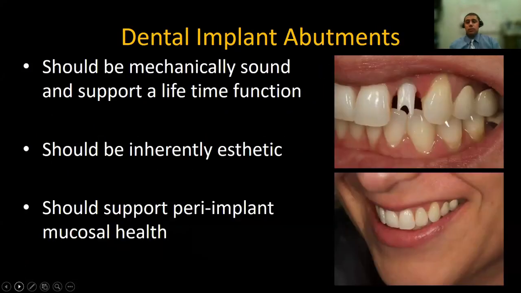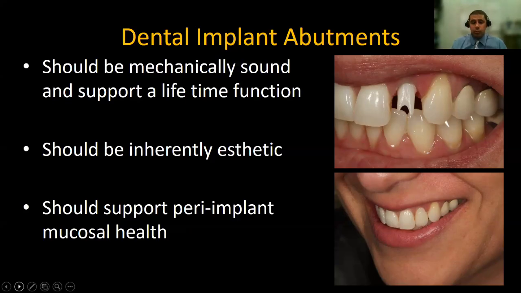Some of the desired features for dental abutments: it should be mechanically sound to support full-time function for the patient. It should be inherently aesthetic, and that could be through the material it's fabricated from, the design, and obviously the placement and all the related prosthetic features of the abutment design and the prosthetic design.